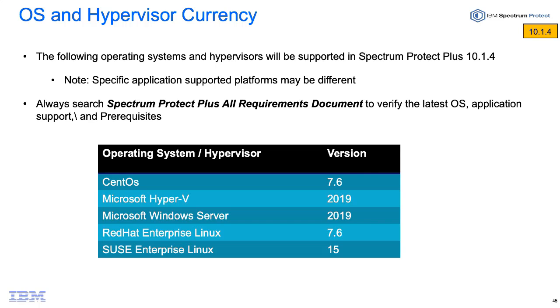Now again, I know I've said it before, but I'll say it again. Always Google the Spectrum Protect Plus All Requirements document and look at the specific operating systems that are supported before you just go ahead and try and implement them.